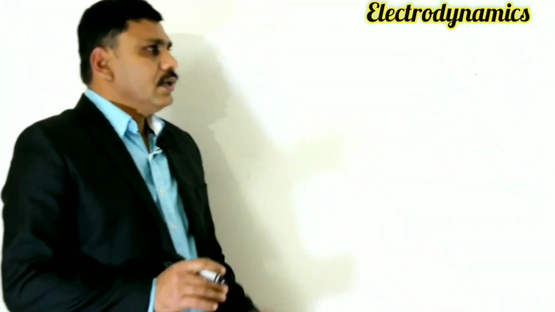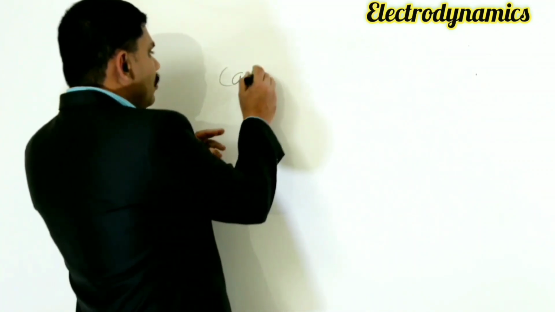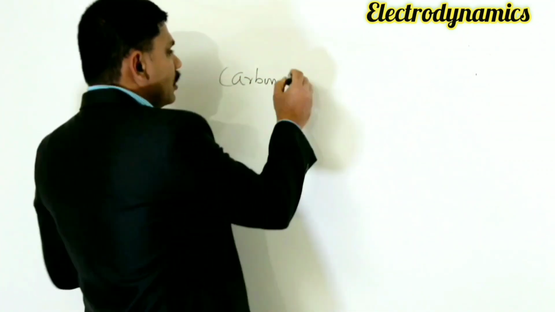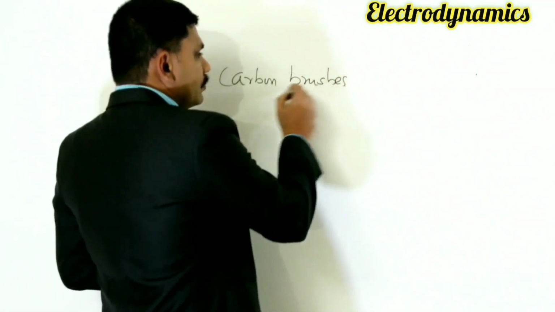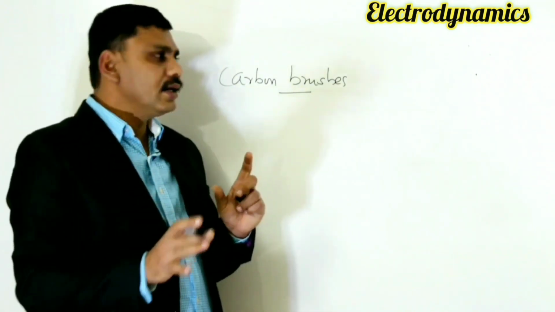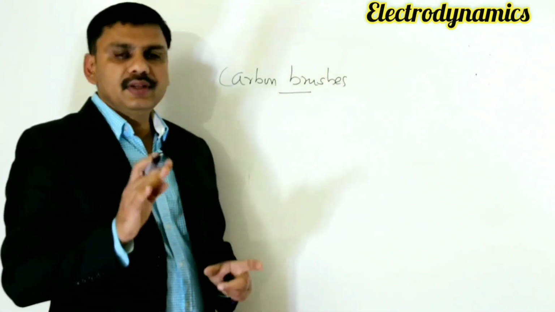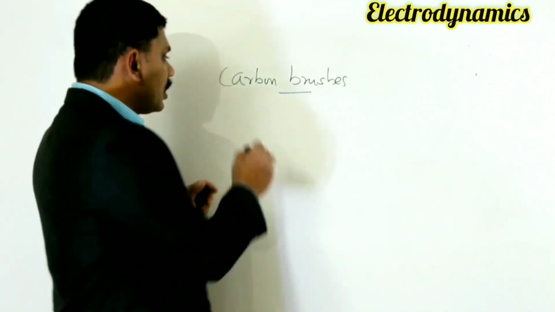What is the function of carbon brush? In some questions they are asking, what is the function of carbon brushes? Carbon brushes maintain the electrical contact with the slip rings or split rings.